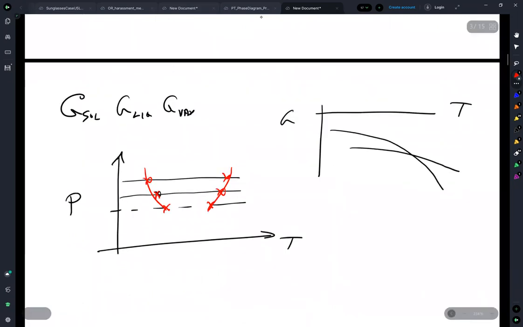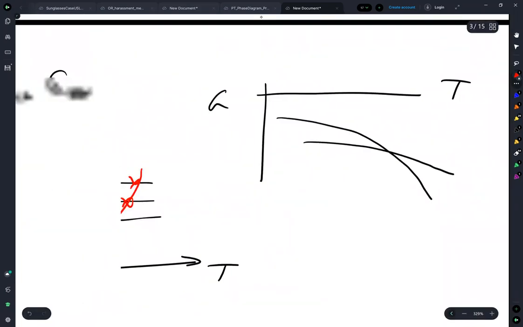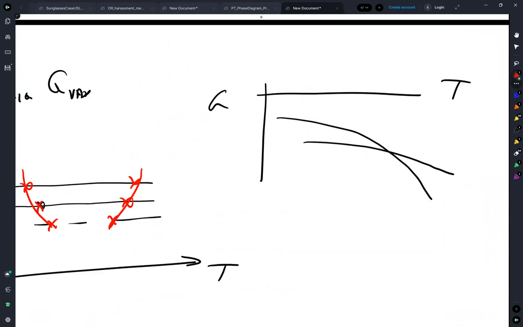Not so, because as you add heat capacity that's temperature and pressure dependent, what really happens is your curves do this. They may, well, that's a little bit exaggerated, isn't it? They may do something like that and that.